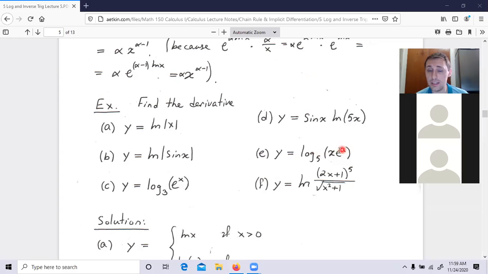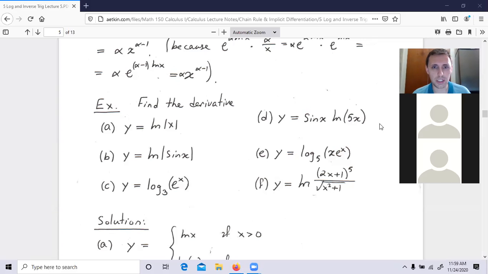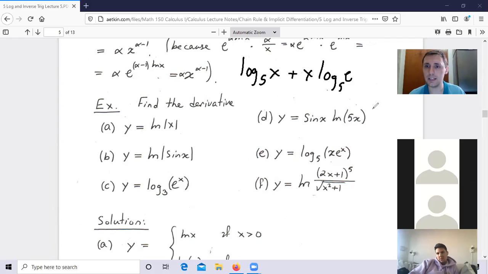Okay, so look at it. Yes, you can simplify maybe something, right? So it's log base 5, careful, it's log base 5, of x e to the x. You don't want to start taking the derivative right away. It's much nicer to write it as log base 5 of x plus x log base 5 of e, and that's just a constant. Am I right?